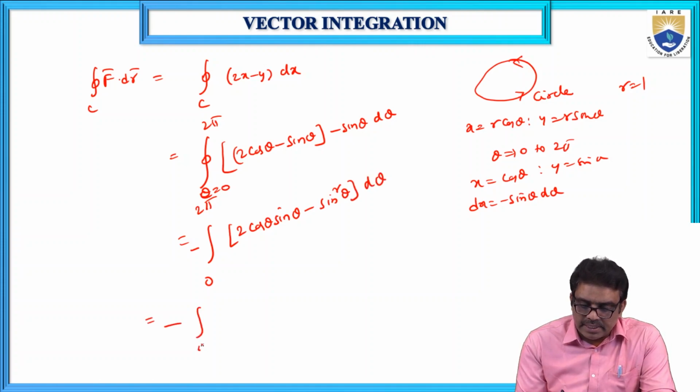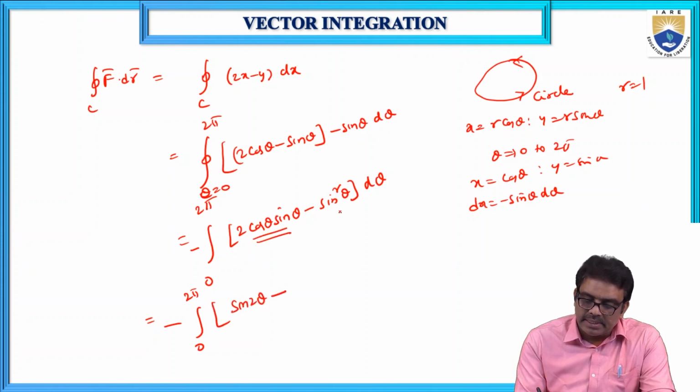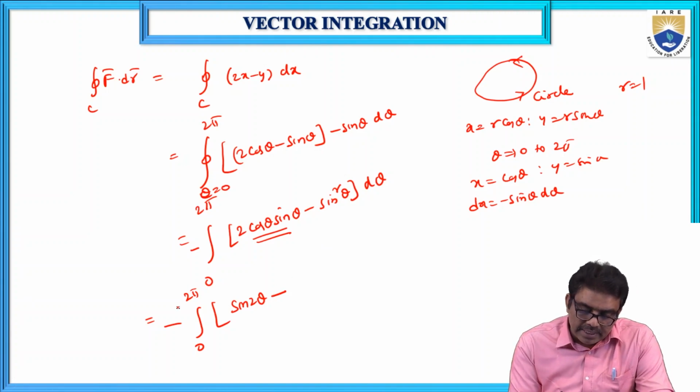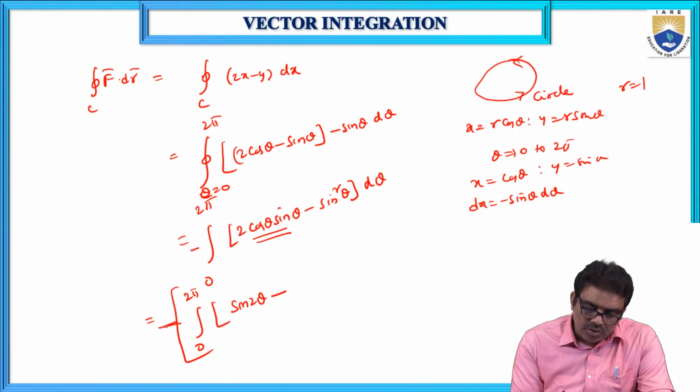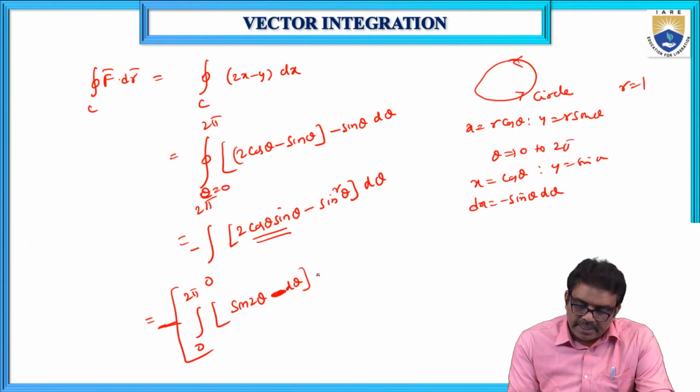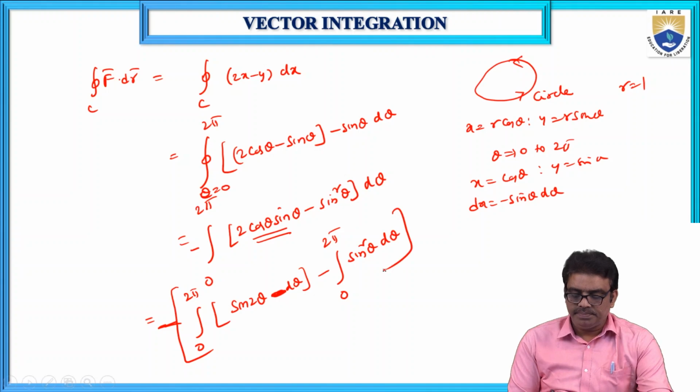So minus the integral from 0 to 2 pi of 2 sin theta cos theta, which is sin 2 theta, minus sin square theta. So the first integral is the integral from 0 to 2 pi of sin 2 theta d theta minus the integral from 0 to 2 pi of sin square theta d theta.